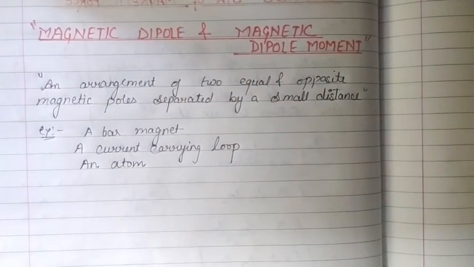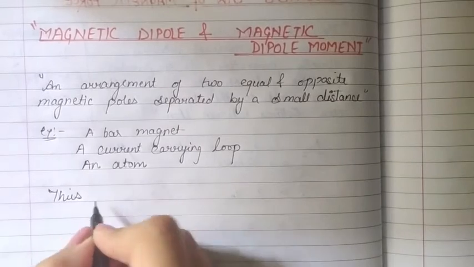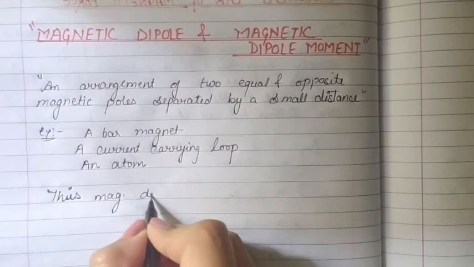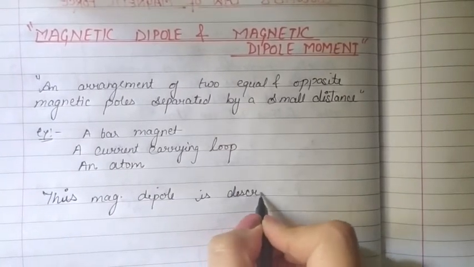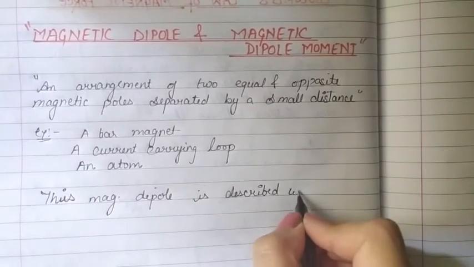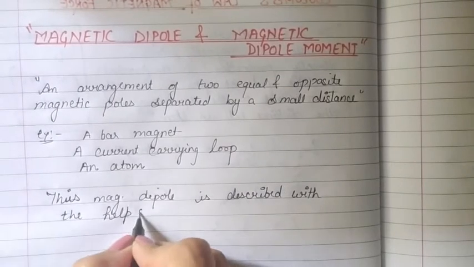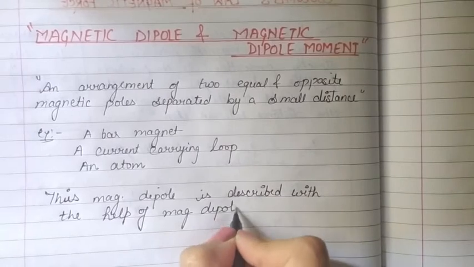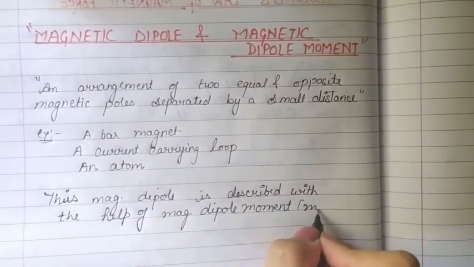Now to describe this magnetic dipole, we need the magnetic dipole moment, and we represent it by m vector.